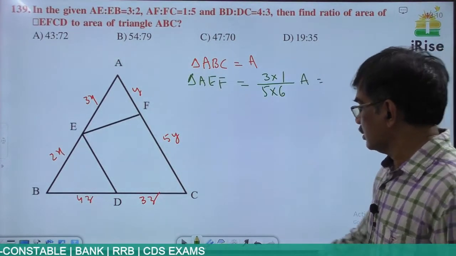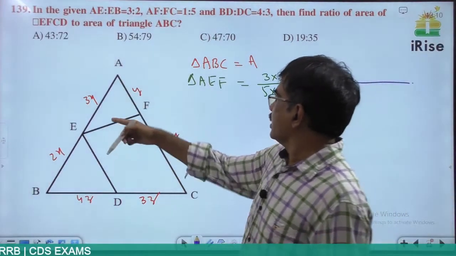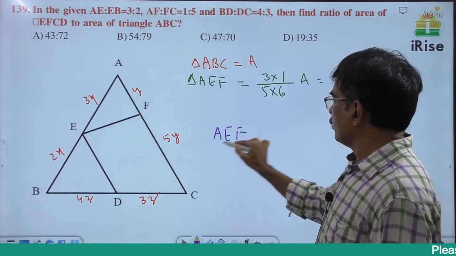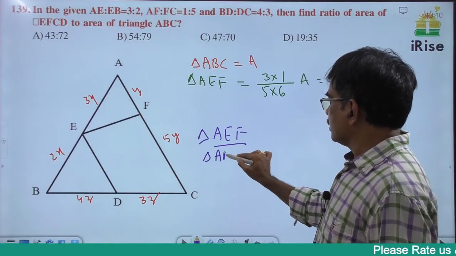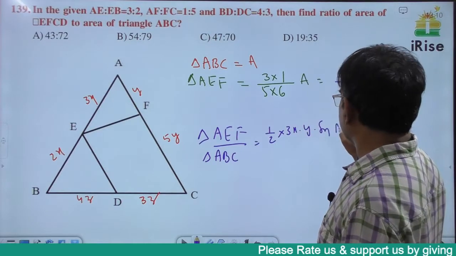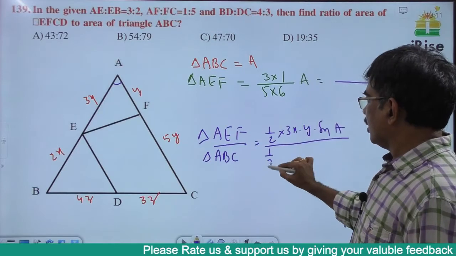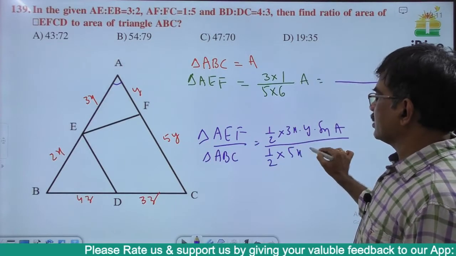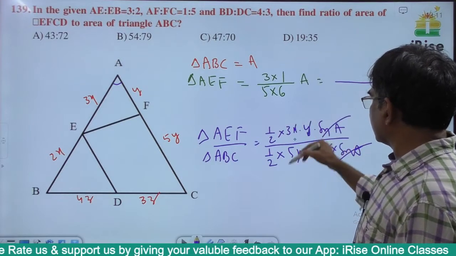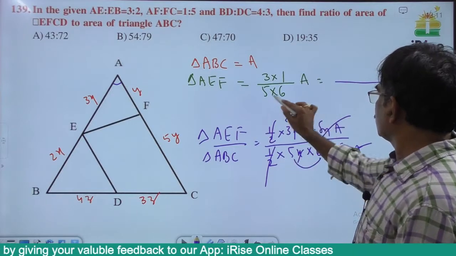The actual method is: area of AEF by area of ABC is equal to half into 3x into y into sin A, this angle is A, by half into 5x into 6y into sin A. Sin A, x, y cancel, half cancels, 3 into 1, 3 by 5 into 6.